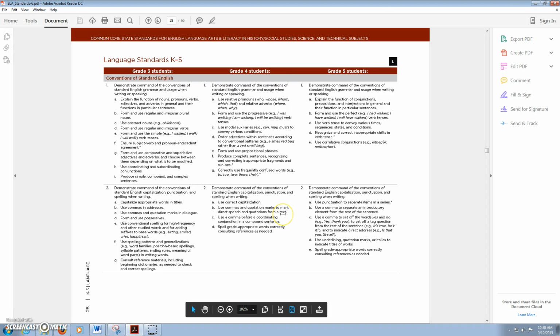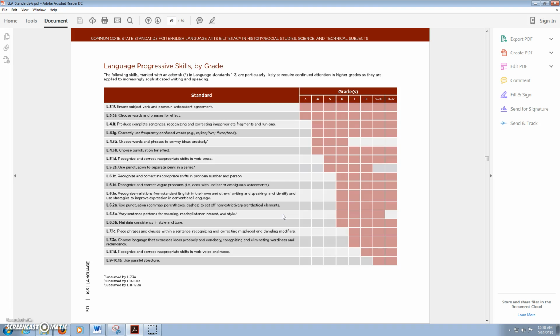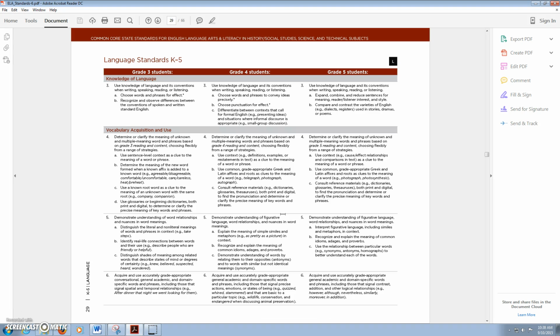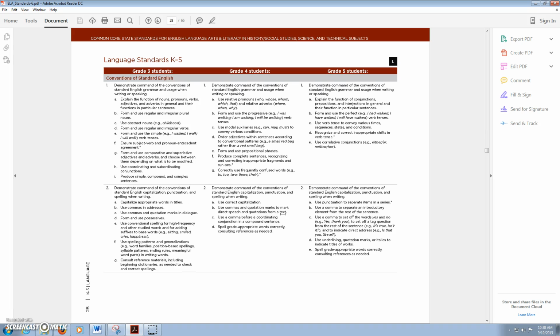For the purposes of this class, those are the pages that you need to be familiar with from the Common Core State Standards document. Certainly there's a lot more about the document that you can learn about, but for our purposes here, I think those are the key things you need to know.